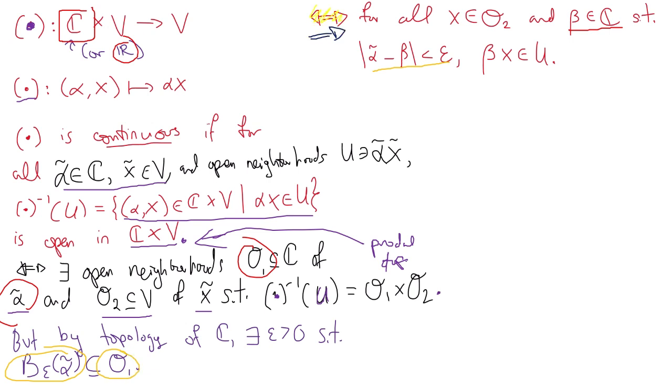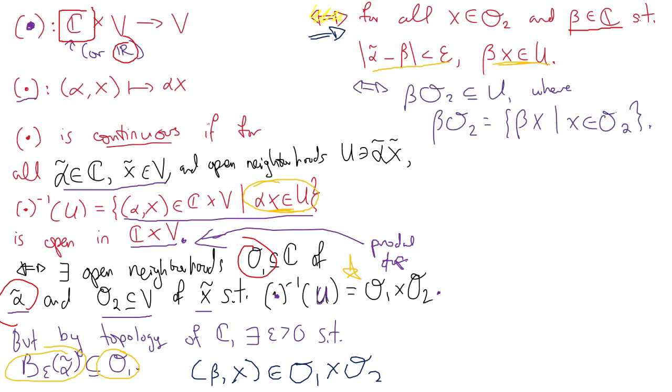That implies that the ordered pair beta and x is contained in O1 cross O2, which we say here is exactly the pre-image, which is exactly the set of scalars and vectors satisfying this.